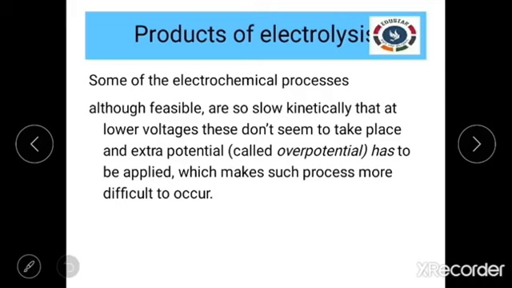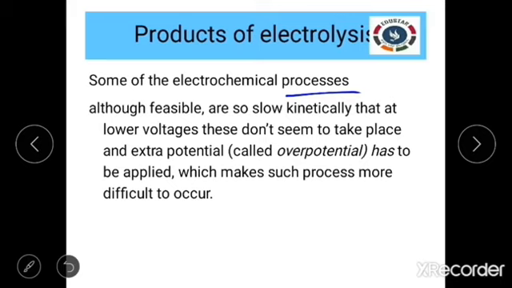But generally, in an electrochemical reaction, even though they are feasible, some of the reactions may occur very slowly. We say it is kinetically slow. If it occurs in a very slow manner, then we have to supply an overpotential in order to make the reactions occur.